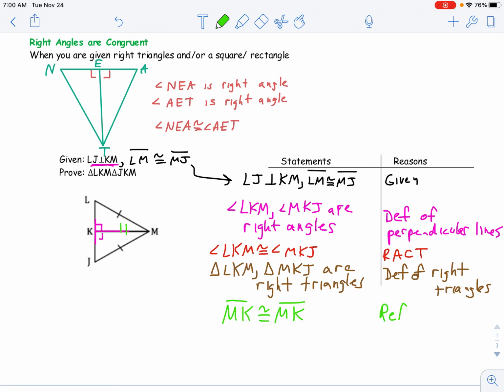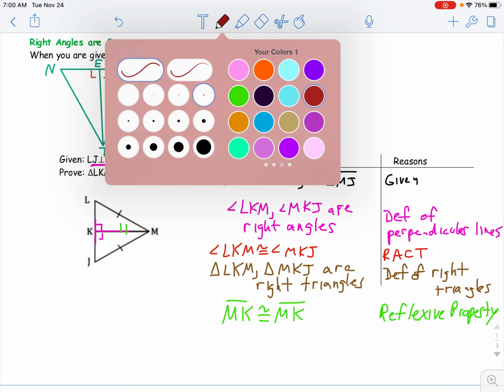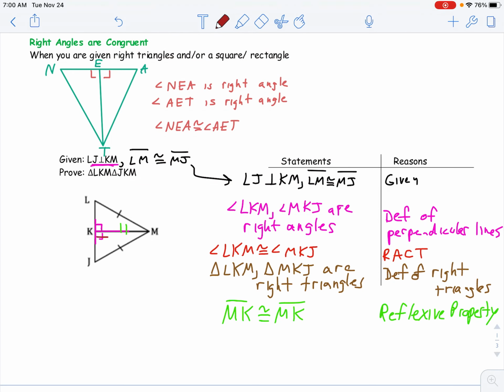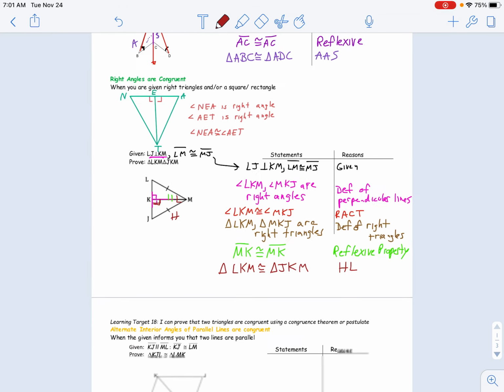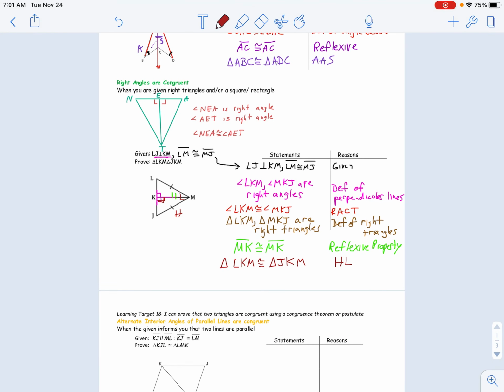All right, this shared side's congruent, reflexive property. And then that these two triangles now are congruent. Why? They're right triangles. We have a hypotenuse, we have a leg. So I can say, bloop, triangle LKM is congruent to triangle JKM by hypotenuse leg. All right, that one was a little lengthy, but stay tuned.